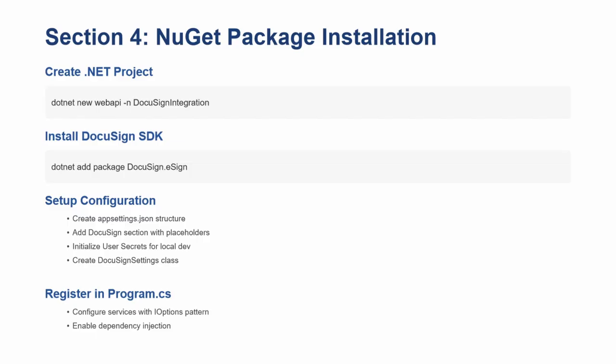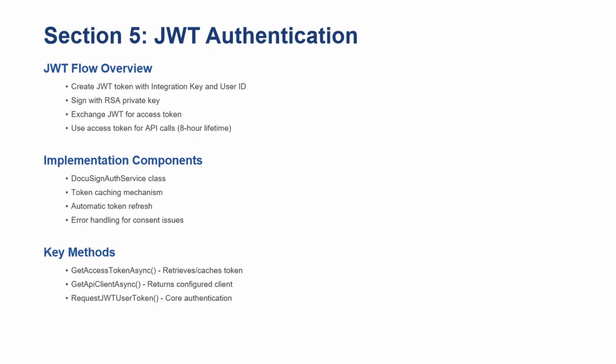Finally, we register the DocuSign configuration and services in Program.cs. This is done using the IOptions pattern and dependency injection to ensure clean and maintainable code. Now JWT authentication.